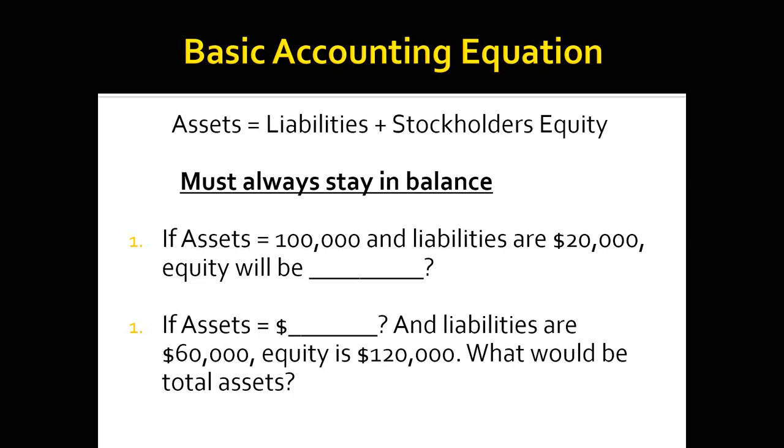So your stockholders' equity in number 1 is 80,000. Number 2, if assets are blank, what are your liabilities plus stockholders' equity? So liabilities are 60, your stockholders' equity is 120. So the sum of those two is $180,000. Okay? So your answer to number 2 is 180.